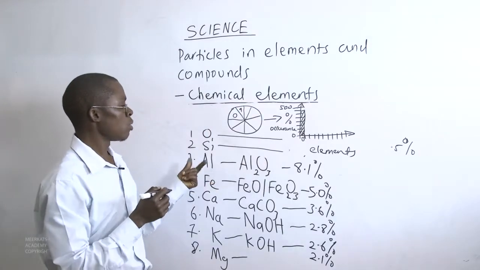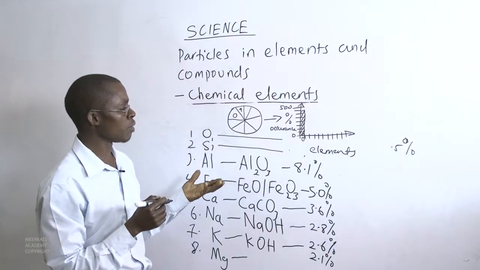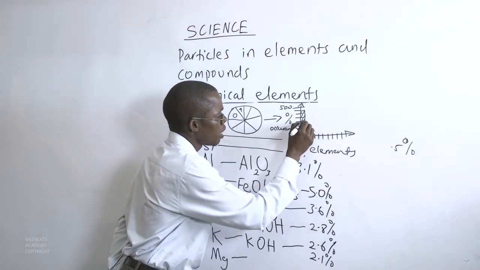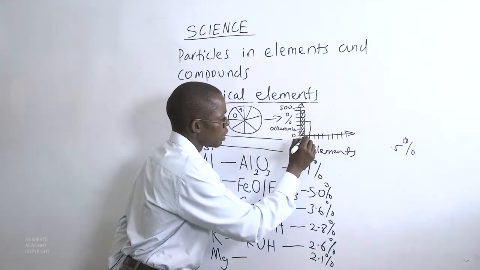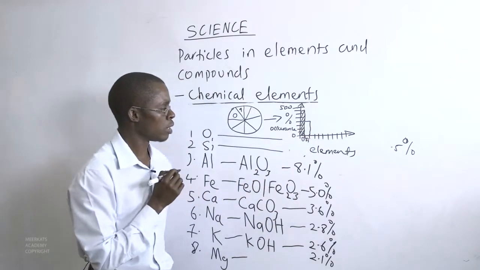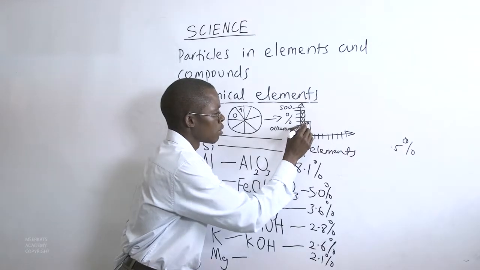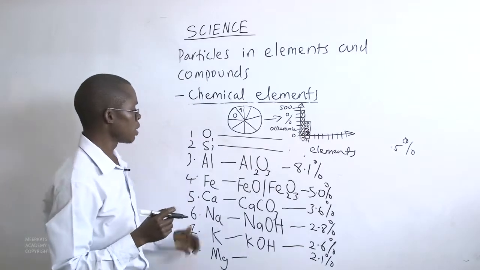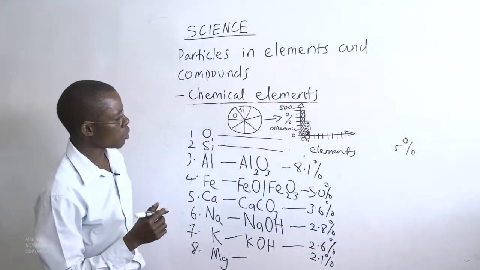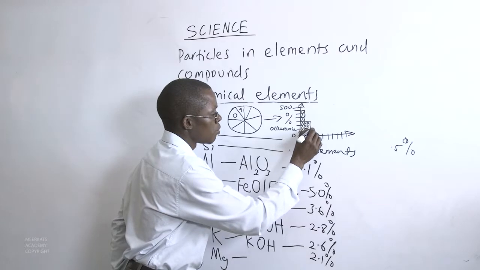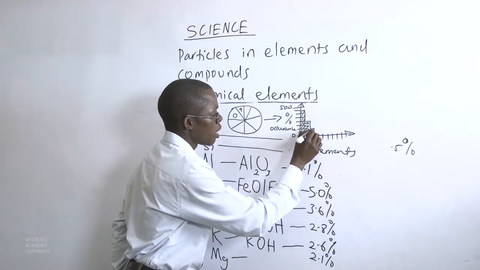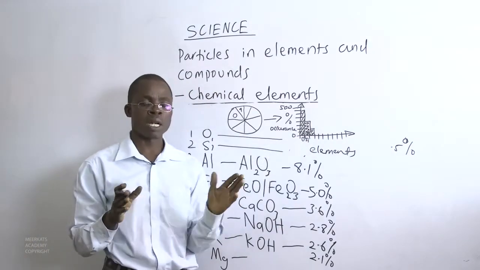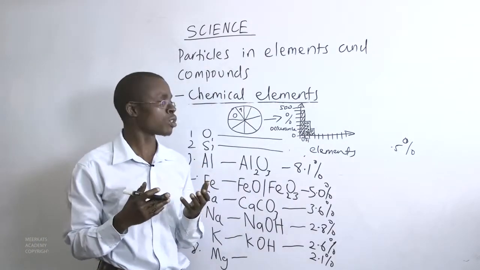Then the second element will be silicon, which was 27.7. So assuming that 27.7 is somewhere here, then this one is silicon, and I can use this to mark out my silicon. Then the third one was aluminium, which is 8.1, and maybe 8.1 is at this point where I can use this to show aluminium. These are bar graphs that are touching each other, but you can also split.